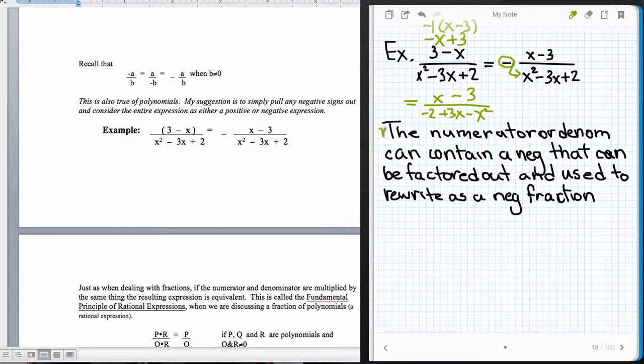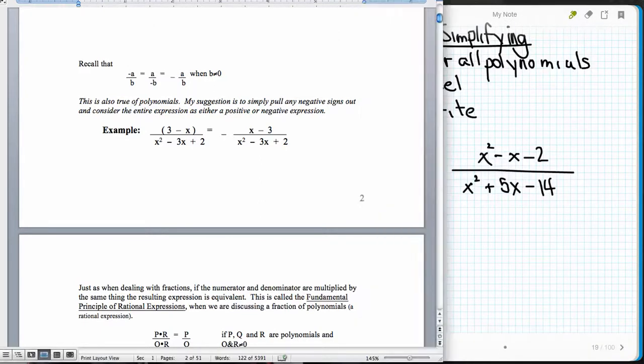So the long and the short of it is what I've written here, that the numerator or the denominator can contain a negative that can be factored out and used to rewrite as a negative fraction. So either this one where the numerator contains that negative or this one where the denominator contains that negative, it can both be factored out so that it looks like a fraction that is negative here. And we can use that quite often, and you've already seen me use an example like that, so don't forget about it.